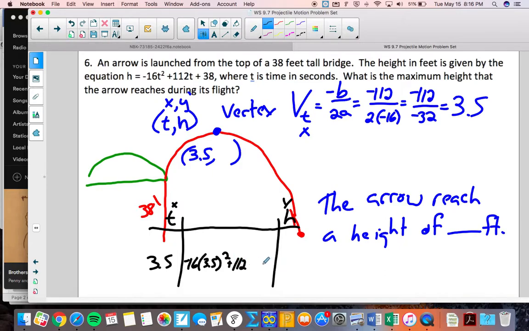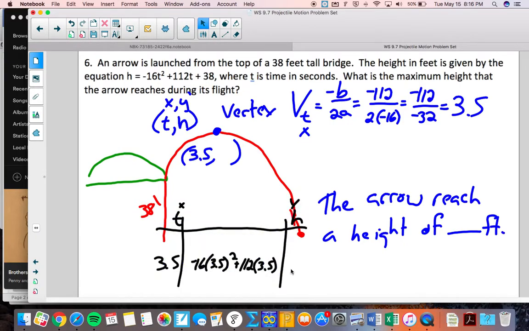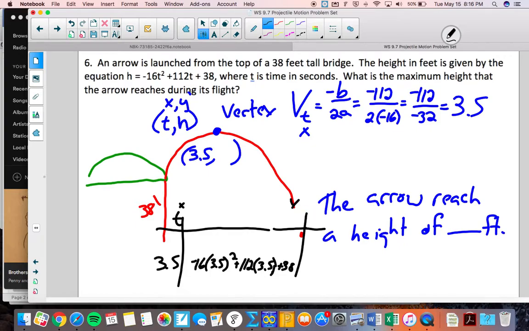Plus 112 times 3.5 plus 38. And that gets us our height, or y value.